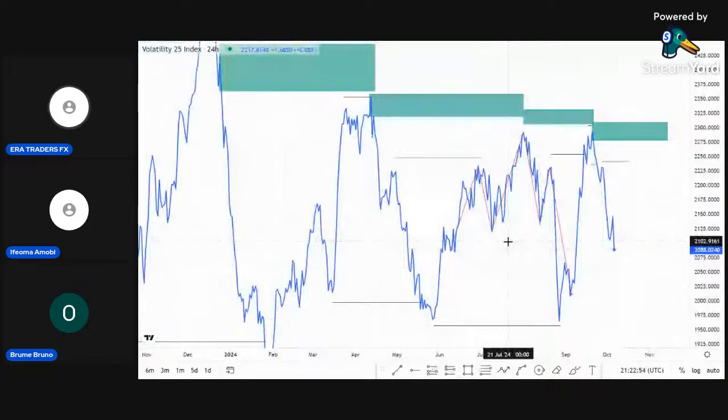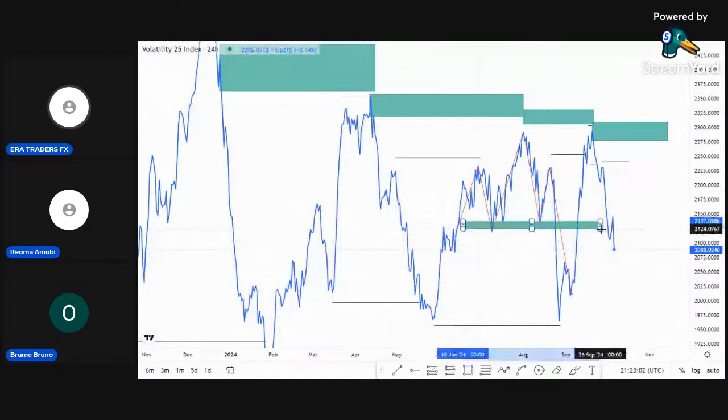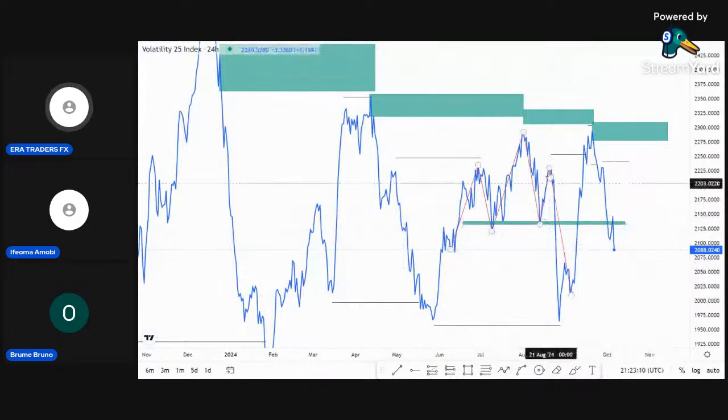So this is the pattern. And what did we say? We said price will come back to this region to sell from there. Although price neglected our neckline, it still went to the edge to sell from there.